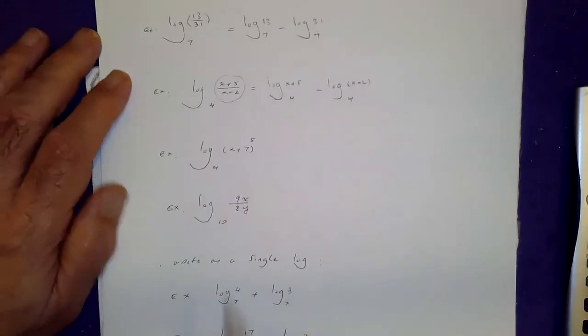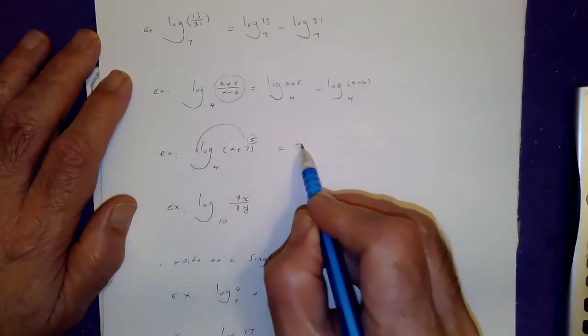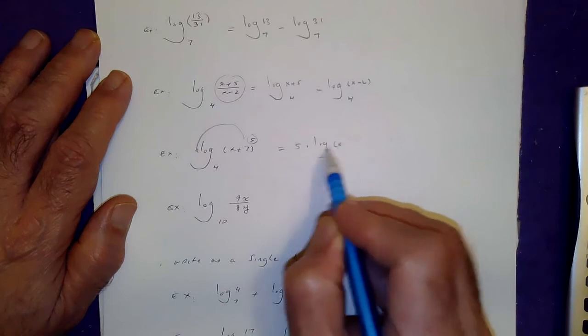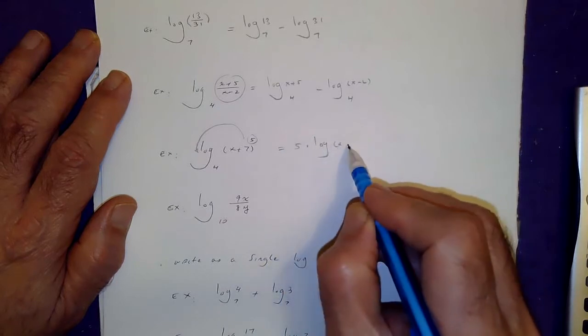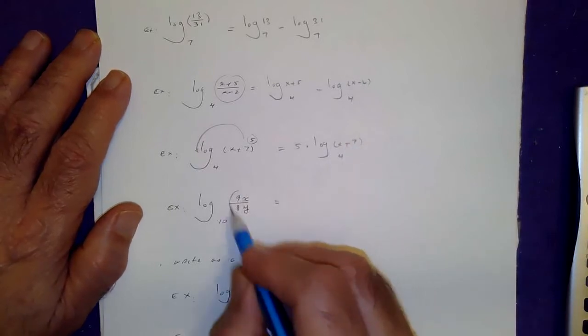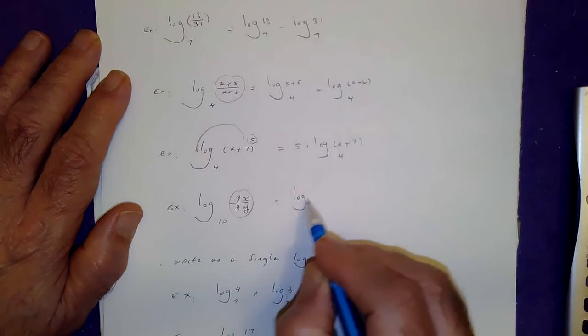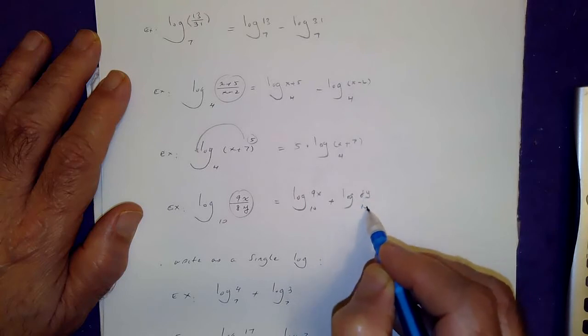This one has a power, so the power rule says place the 5 next to the log, like so. So this would be 5 times log of x plus 7 base 4. Division comes from subtraction, so that's log of 9x base 10 plus log of 8y base 10.